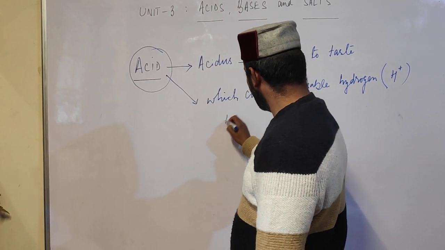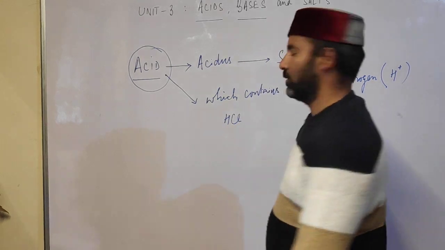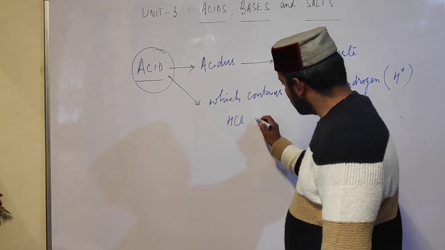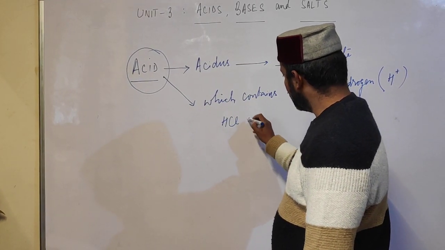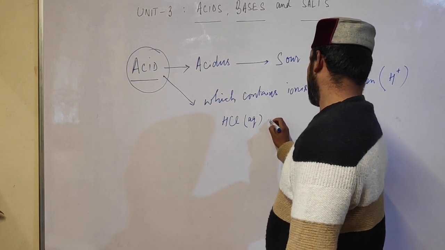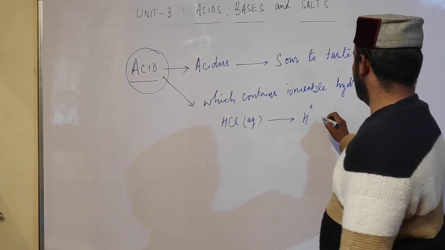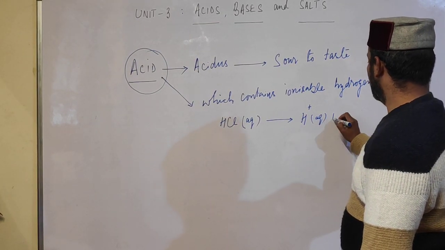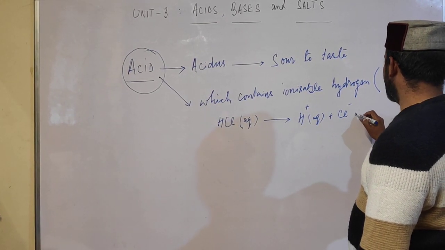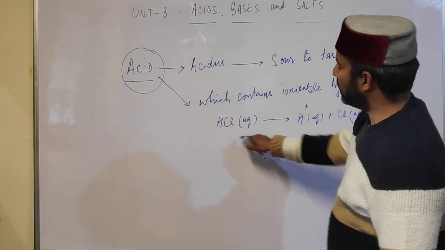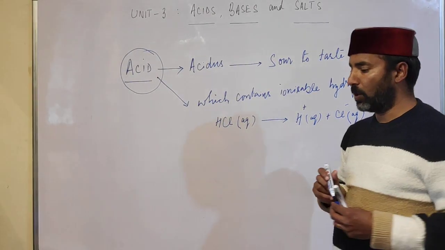Here I am quoting an example, hydrochloric acid. Now students, in aqueous solution, hydrogen chloride ionizes to give H positive and chloride ion. So therefore we can say that HCl is an acidic compound.